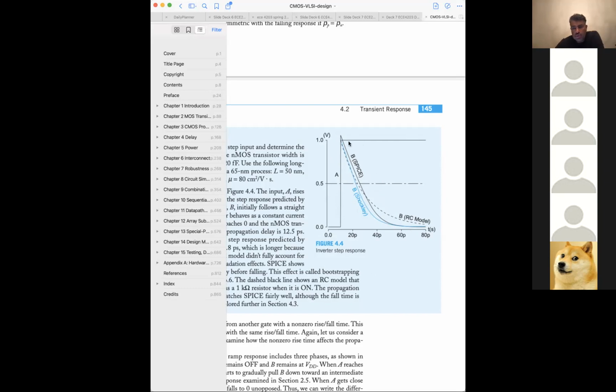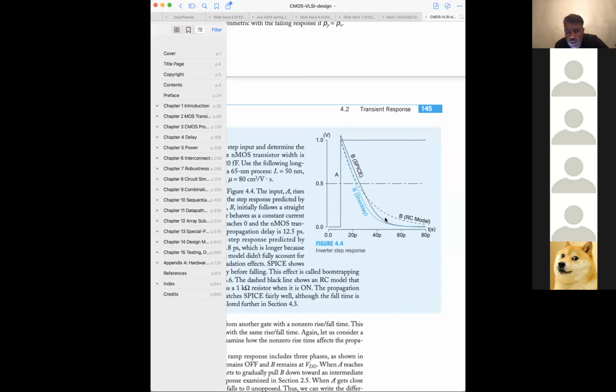And what that shows is, if you look at any particular point, the RC model is not a great match to the SPICE, especially if you look at a time of like 50 picoseconds. The RC model gives a much higher value than the SPICE model. Not great.